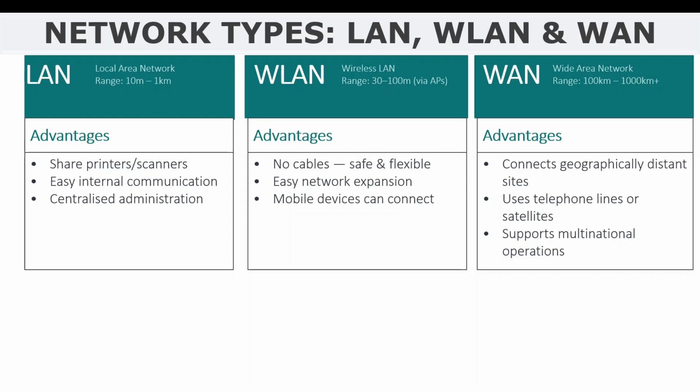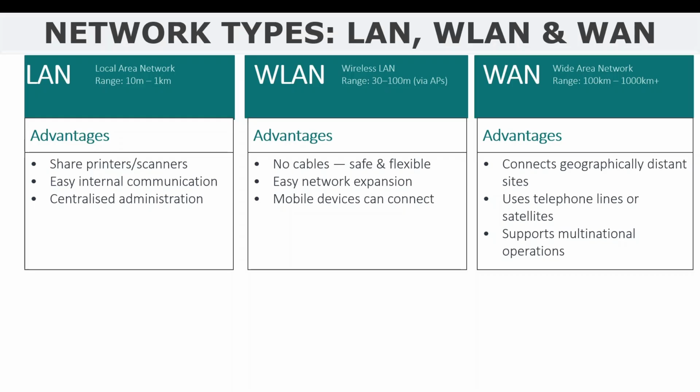You can easily expand the network if you want. And then finally, we can make use of mobile devices that can connect to the internet. So mobile devices like your phone and your tablet can easily be connected to the internet.